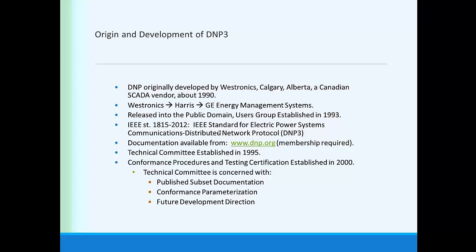There are, in fact, limits. I don't want to convey that DNP is the be-all, end-all of substation communications. One handicap that I would call people's attention to, although it's a perfectly practical protocol, is that DNP was conceived of during a time when electronic communications was all done by serial RS-232, RS-485, with baud rates ranging anywhere from 1,200 bits per second to 9,600 bits per second, and pretty much no faster than that.